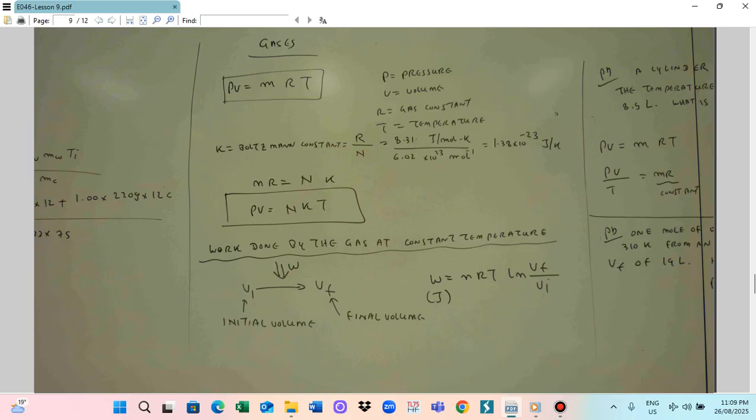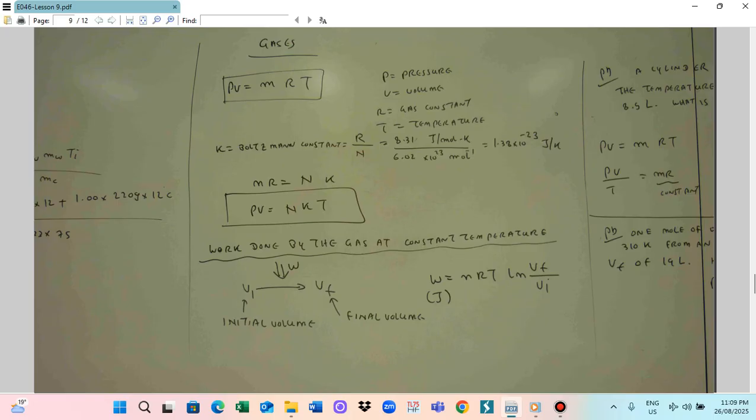When the gas is in expansion or contraction, the volume will be changing. So at constant temperature, when the volume changes, there will be work done by the gas. The initial volume is V1, changing to the final volume V2. So this is the initial volume and V2 is the final volume.